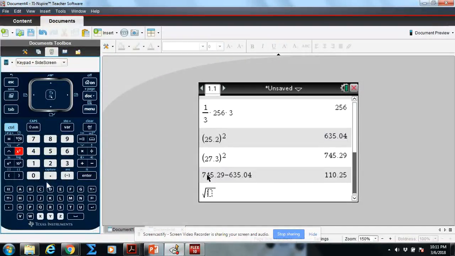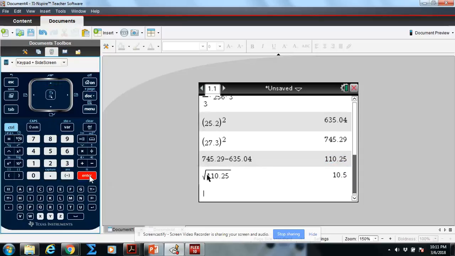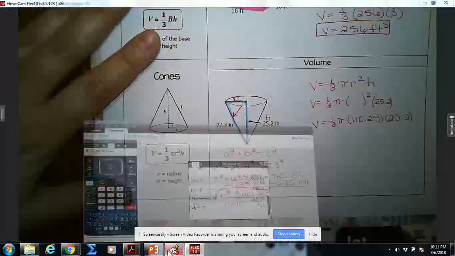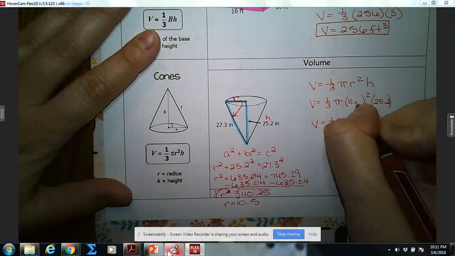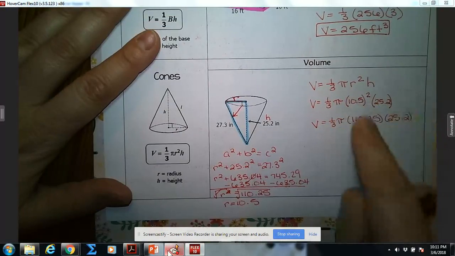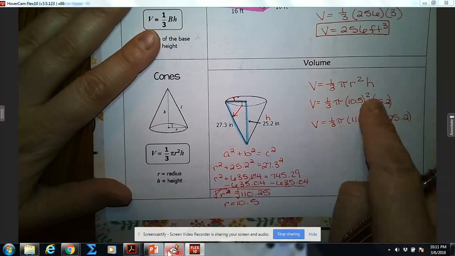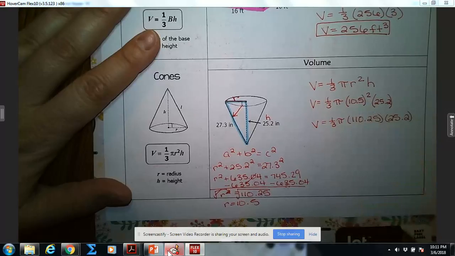The square root of 110.25 is 10.5, so the radius here is 10.5. If the radius is 10.5, I can plug in just 10.5 into the formula. So you have options here.